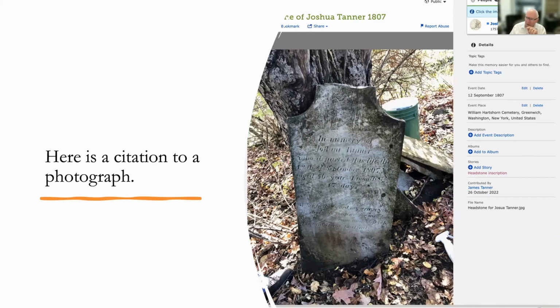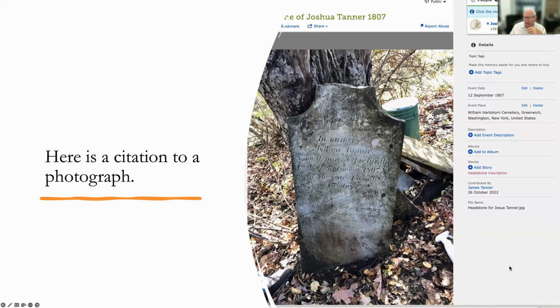And then they tell you exactly where the picture came from and where the picture was taken. And that's helpful. Now, we could actually get in our car and drive to the William Hartshorne Cemetery in Greenwich, Washington, New York State. And if that still was there, which is possible, then we would be able to find it.